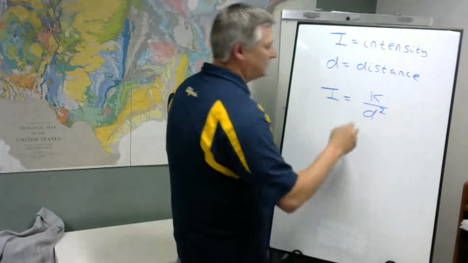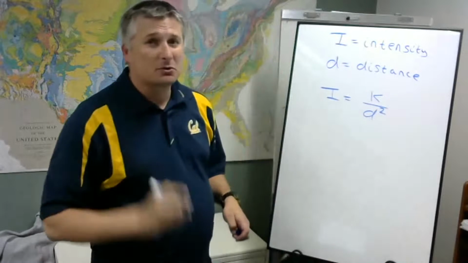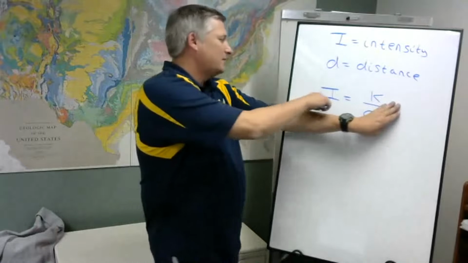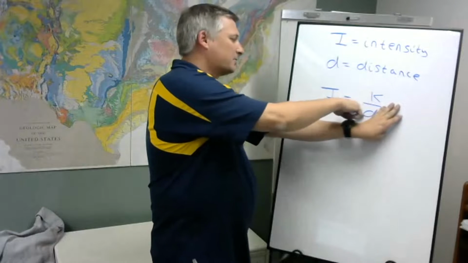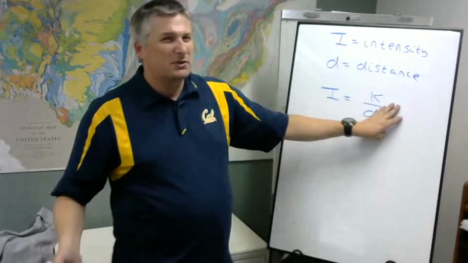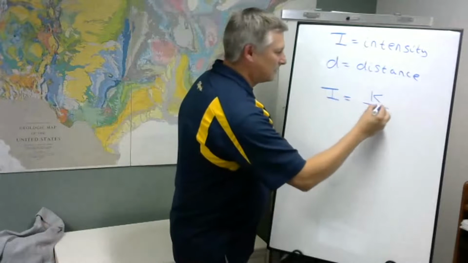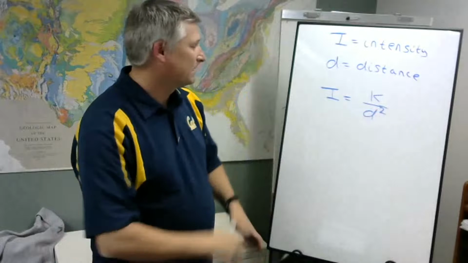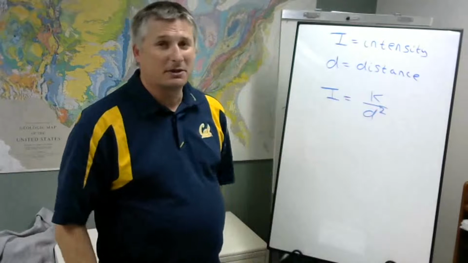So the square of D makes it D squared. Inverse variation gives us intensity varies inversely with distance, but it wasn't just distance, it was the square of the distance. So I equals K over D squared.